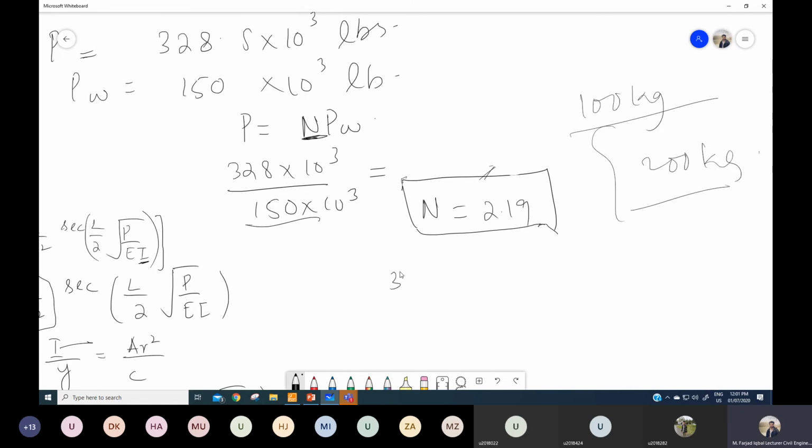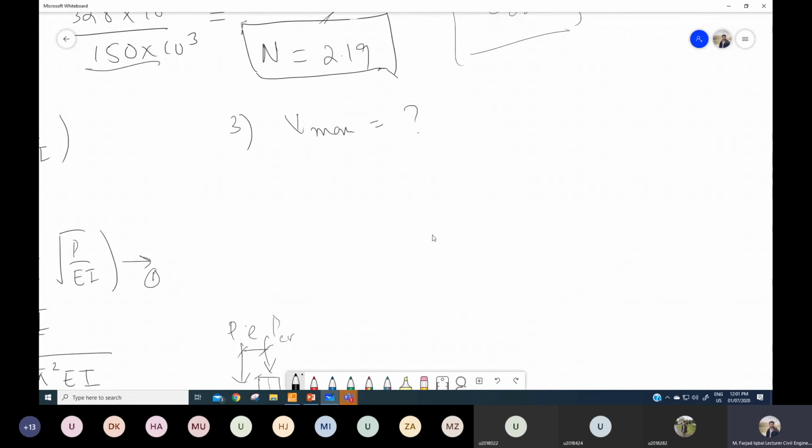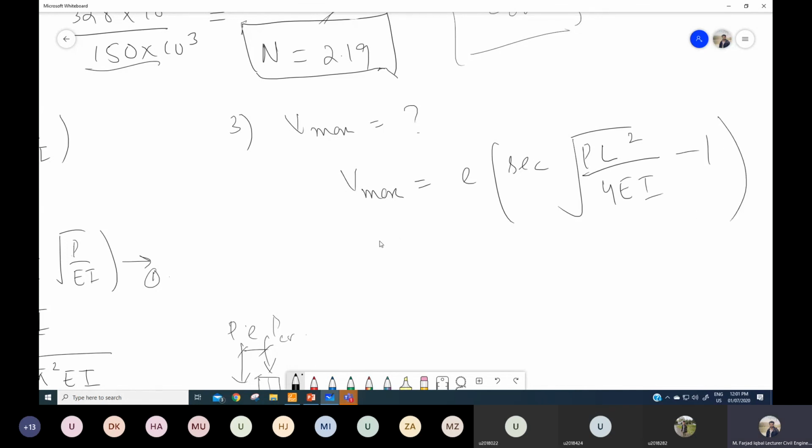And the third part in this question was to figure out the maximum deflection. For that, we have one formulation again, that is V maximum is equal to E into secant of P L square divided by 4 EI, minus 1. So what is the E factor? That is 4.